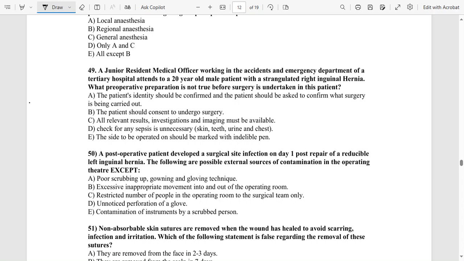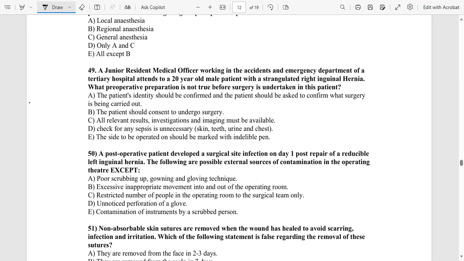Okay, restricting the number of people in the operation room to the surgical team only. So that one might not be true, isn't it? Restricting the people will not really be the biggest cause of contamination, but rather a preventative measure.